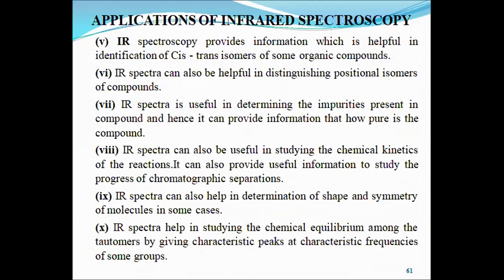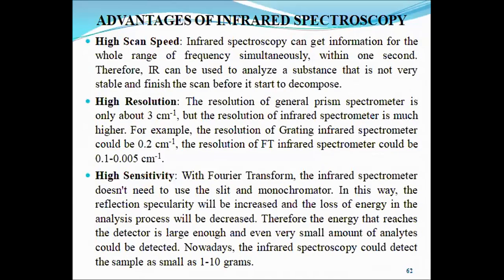IR spectra can be useful to study the chemical kinetics of a reaction, as well as to determine the shape and symmetry of the molecule in a few cases. It can also be used in studying the chemical equilibrium among tautomers by giving characteristic peaks at characteristic frequencies.